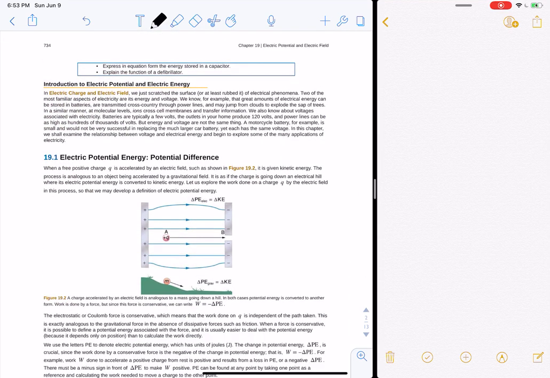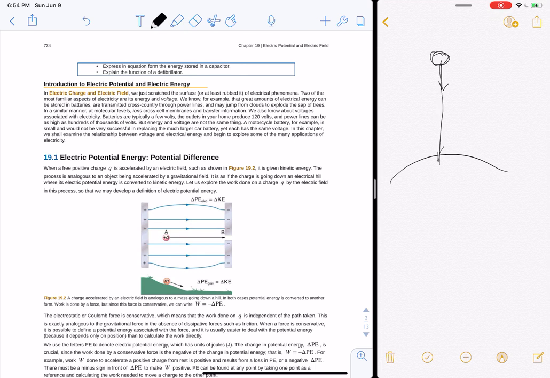So we've talked about the electric field, and we've talked about when you put a charge, it generates an electric field, and when you put another charge in an electric field, it can experience a force. This is similar to if you have a ball and an earth, and you put the ball in the gravitational field, it's going to feel a force and accelerate down towards the earth.